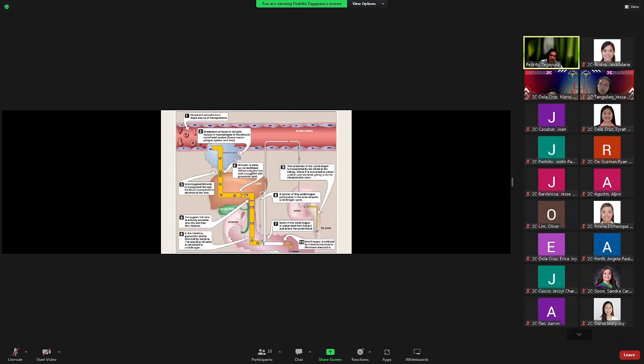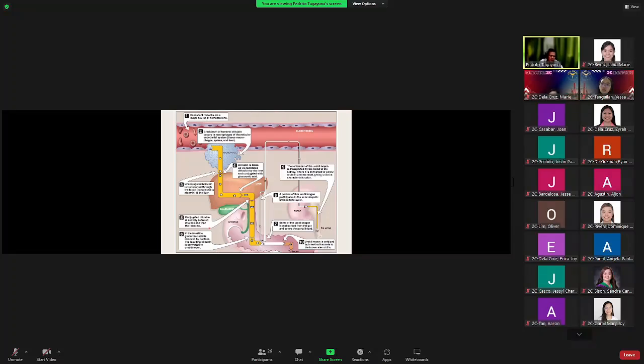Once in the hepatocyte, it is conjugated with glucuronic acid. When we call it conjugated bilirubin, it is already conjugated with glucuronic acid through the action of those enzymes mentioned earlier.